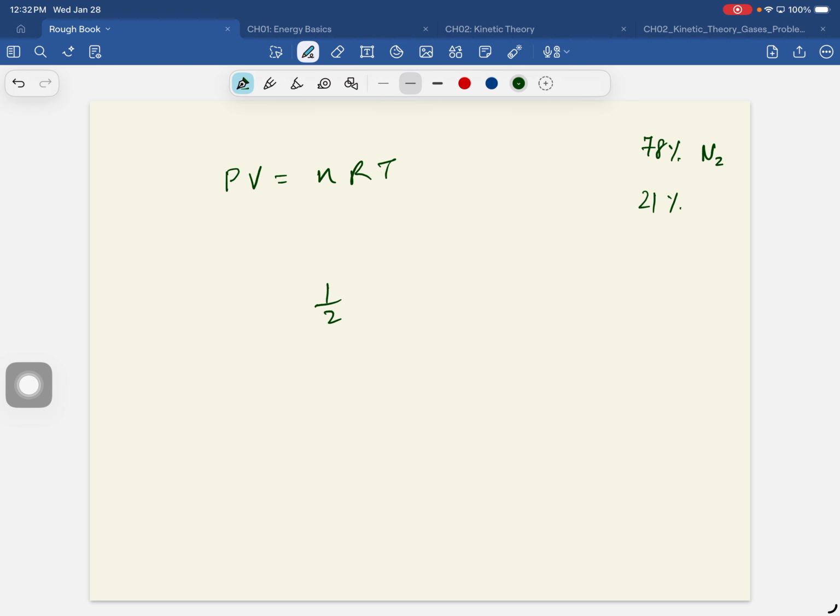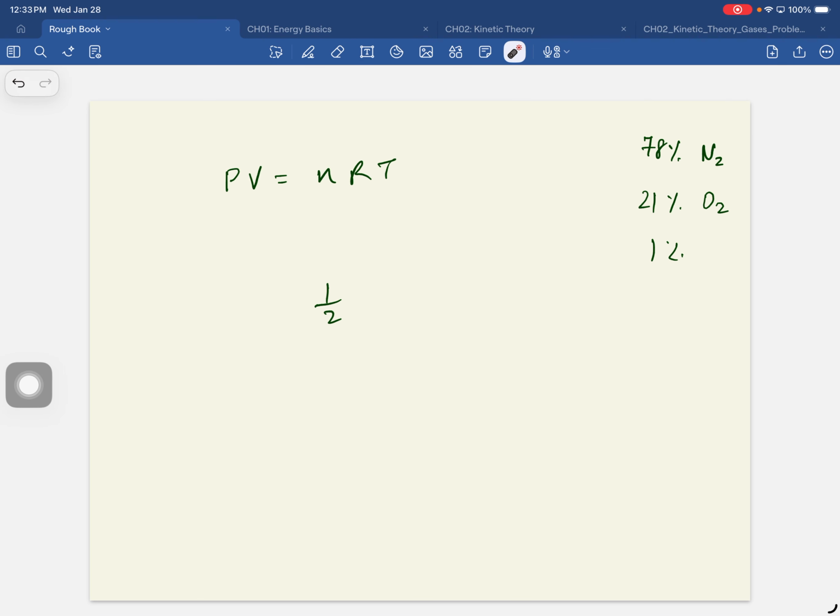Most of the rest, but not all of it: 21% oxygen and less than 1% other stuff. Roughly, that's for dry air. There's about 1% water molecules in this room. But anyway, that's the composition.